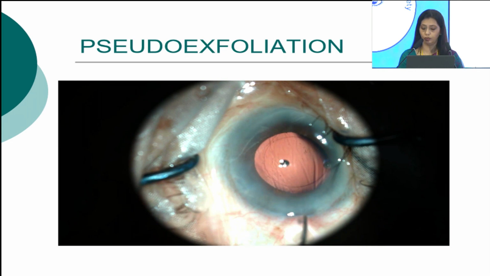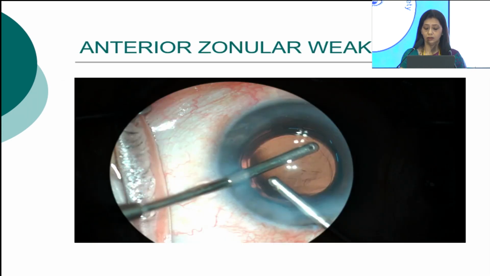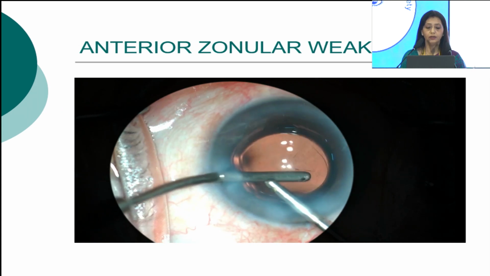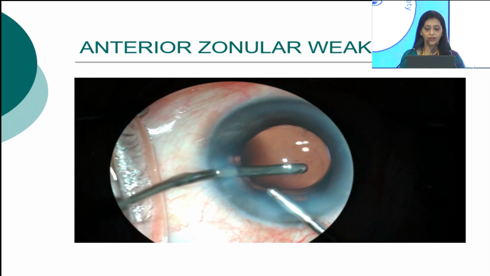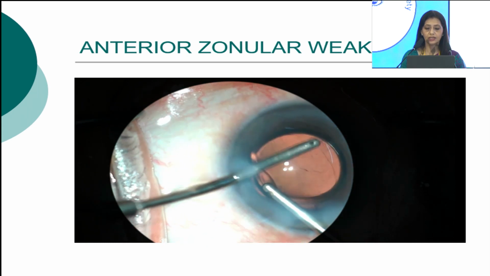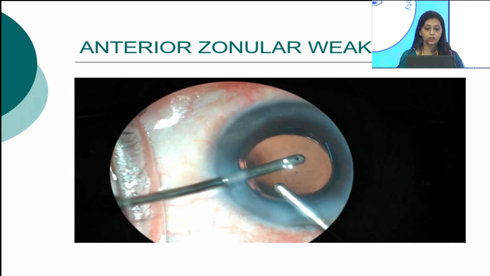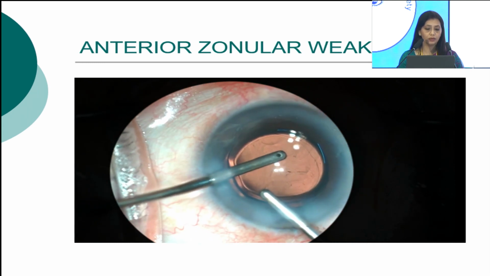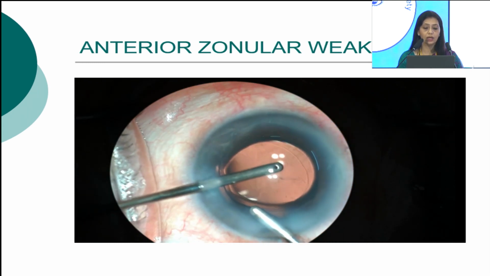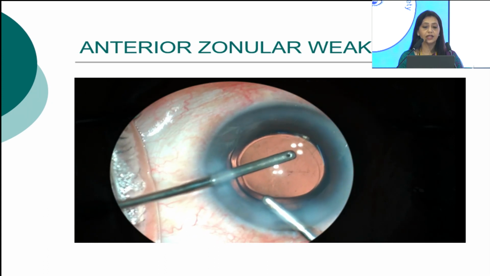The next video is one in which, when we are doing irrigation aspiration, you can see that we are having a lot of flutter on the anterior capsule. This flutter, if you can see closely, tells us that the anterior zonules are weak.